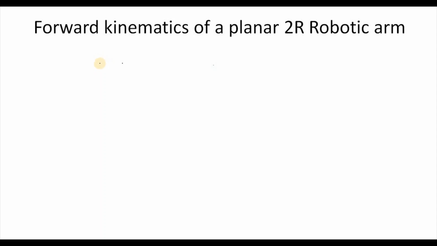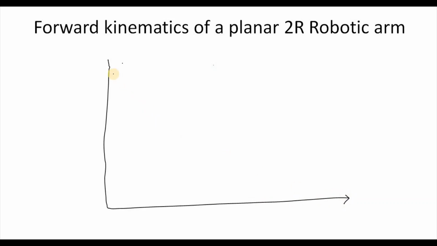So first we draw the 2D coordinates here. Because this is a planar robot, we have considered only two dimensions, X and Y. Okay, so now we have the robot here.